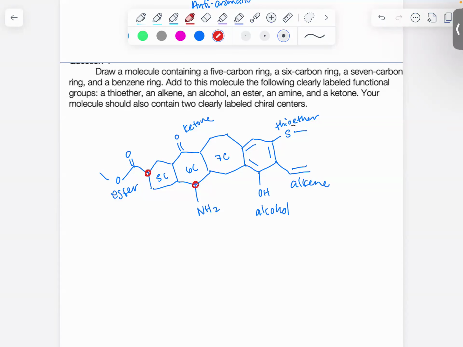There might have been a stipulation on too few because I believe it specifically said 20 carbons. Any other questions, comments, concerns? That's the last practice problem I have for you guys.